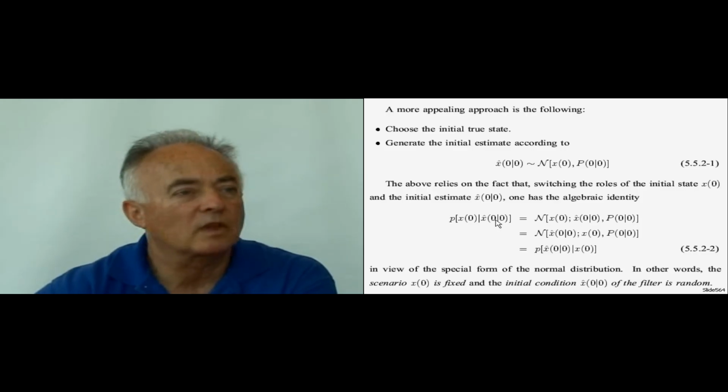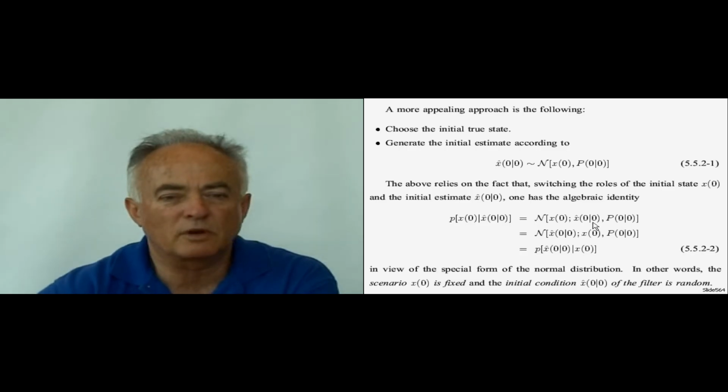This is Gaussian, argument x0, mean x hat 0|0, covariance P 0|0. But we know the shape of the Gaussian function is an exponential. The form is exponential in the square of the difference between x and x hat. So now this can be written as Gaussian with argument x hat, mean x, covariance P.